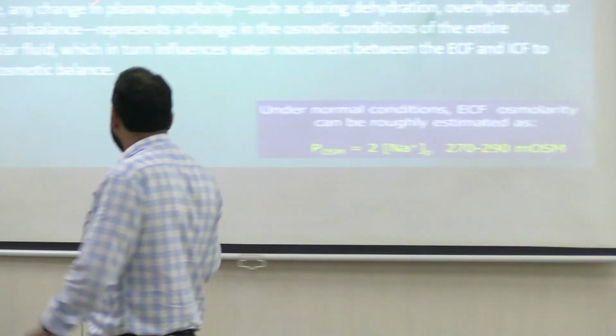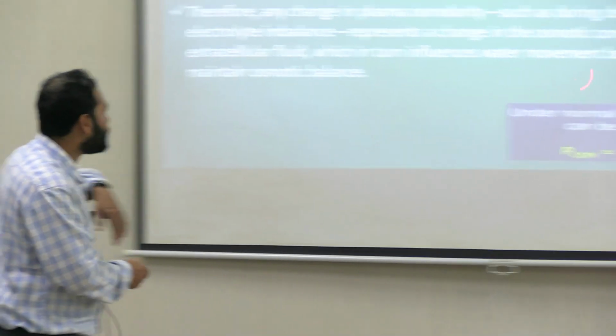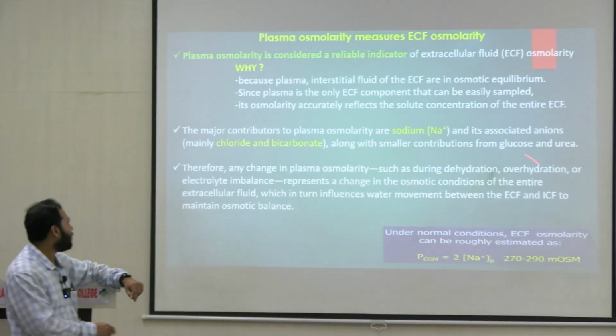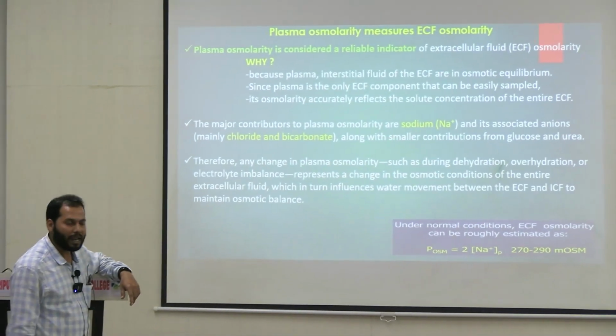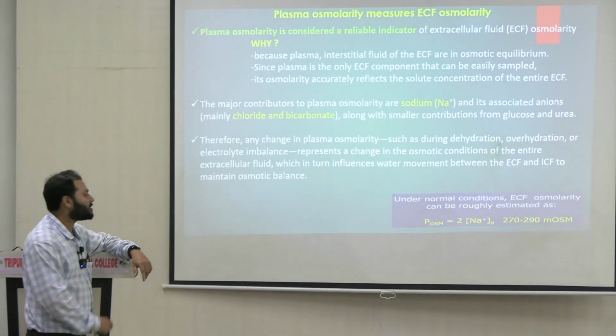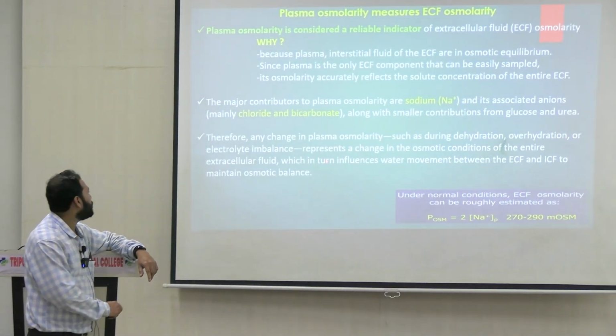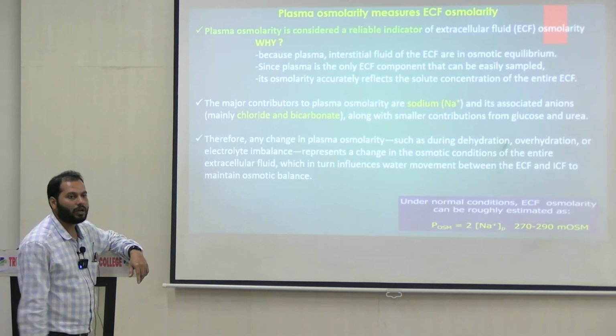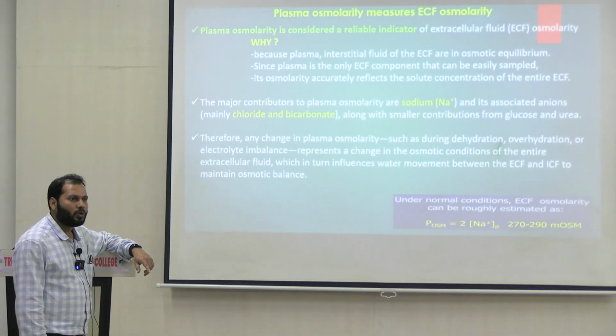Therefore, any change in plasma osmolarity, in conditions such as dehydration, overhydration or electrolyte imbalance, represents a change in the osmotic conditions of the entire extracellular fluid, which in turn influences the water movement between ECF and ICF to maintain the osmotic balance.